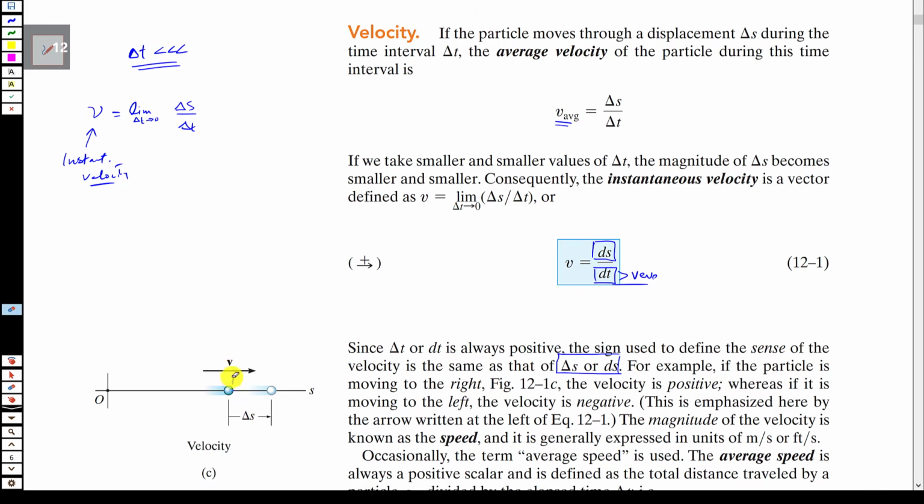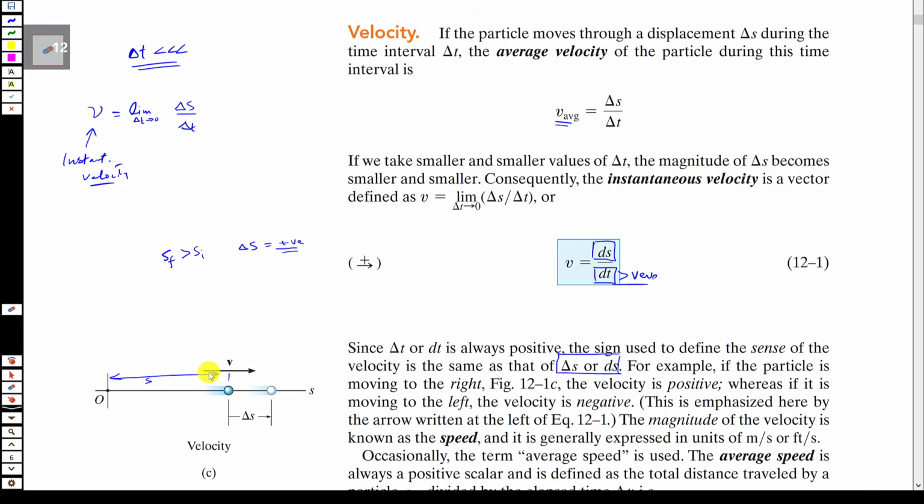Let us say this is the initial position and this is the final position. The final position value is greater than the initial position, so delta s is positive, and if delta s is positive, the velocity is positive.